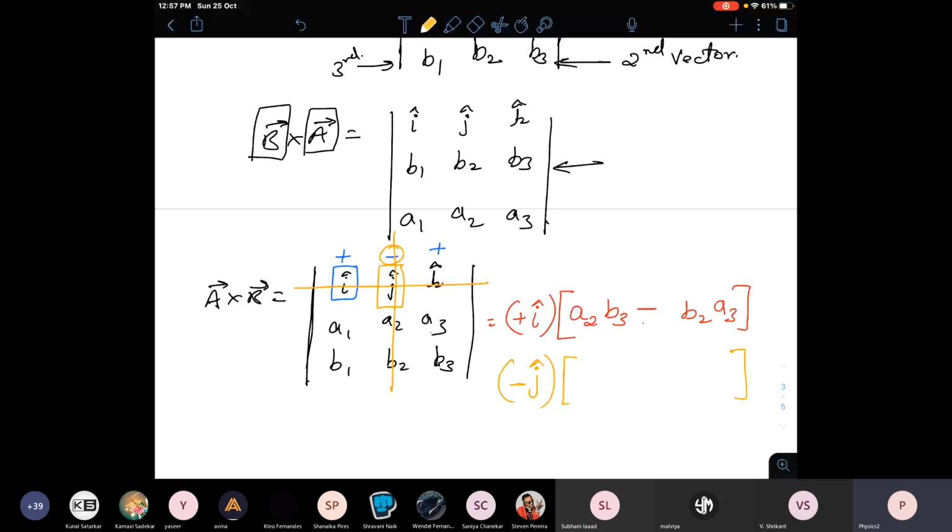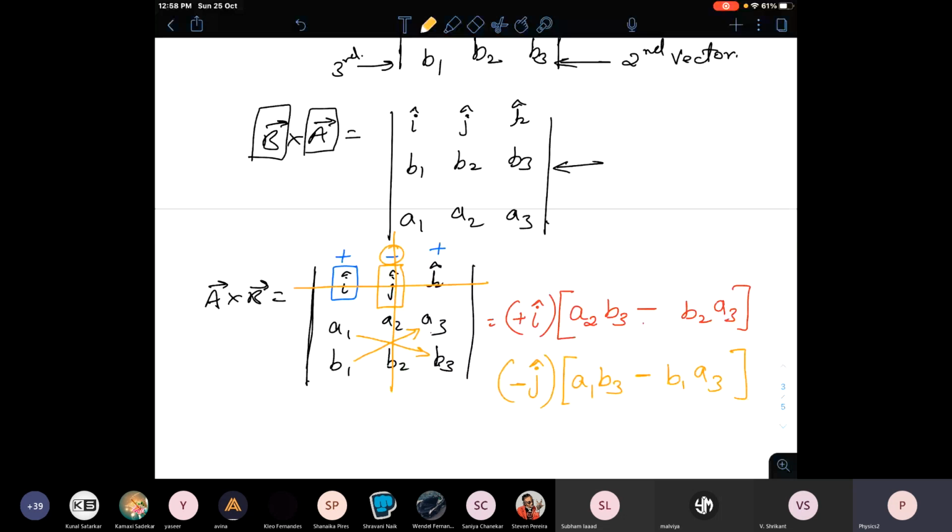Again we cross multiply the terms, that is A1 B3 with B1 A3, again a minus sign in between those two. That means I will write it as A1 B3 minus B1 A3. This is how we write cross multiplication for the coefficient of J cap.